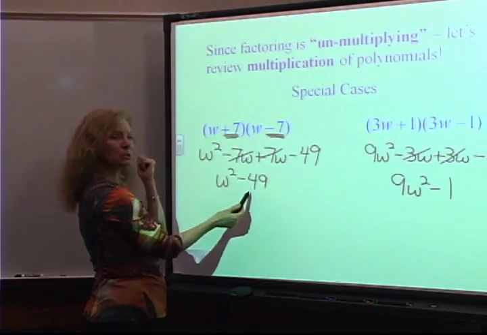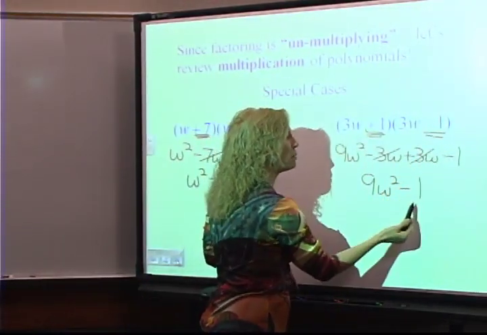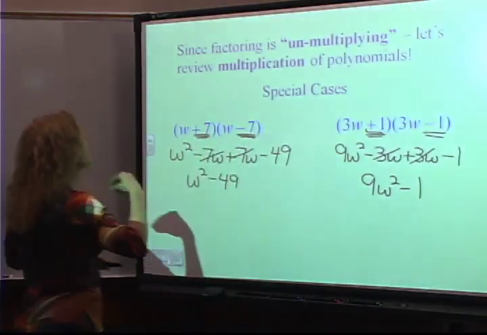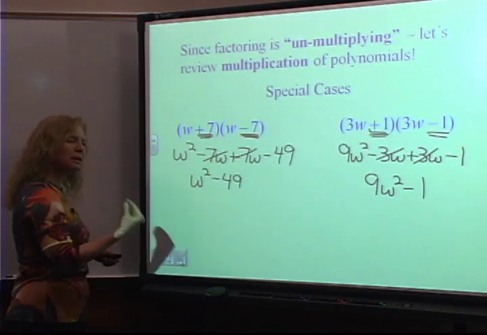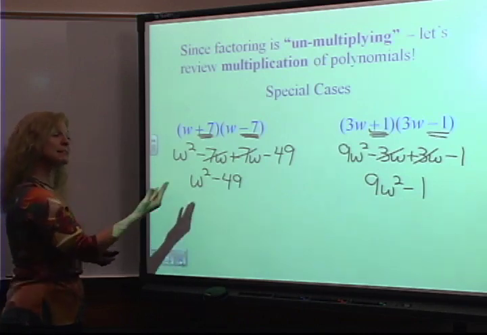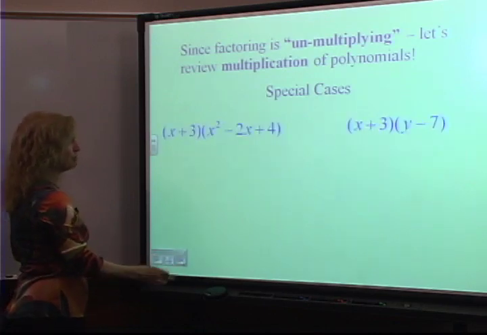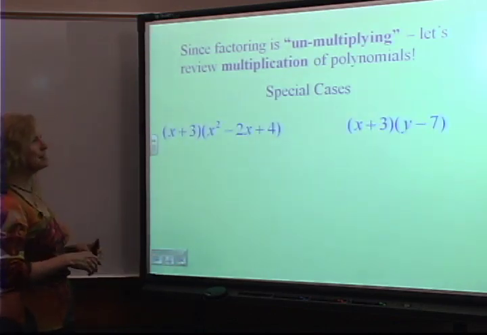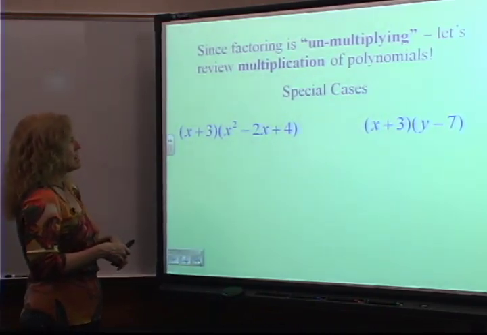Last times last is where we got that negative 49. Last times last is where we got that minus 1. Oh, okay. Remember, if you understand really well how you multiplied to get these answers, then working backwards is a little bit easier. Last special cases, and then we're going to start the backwards process.